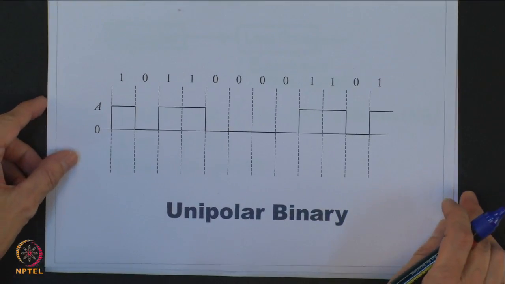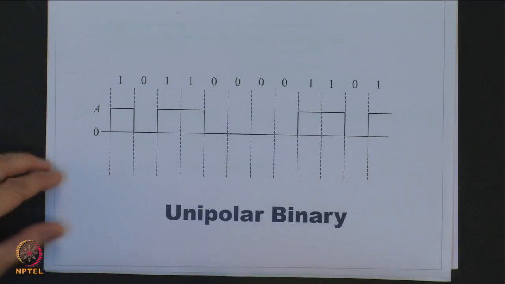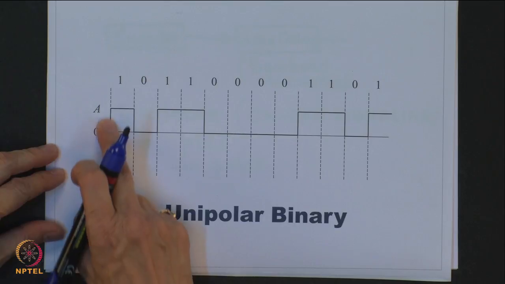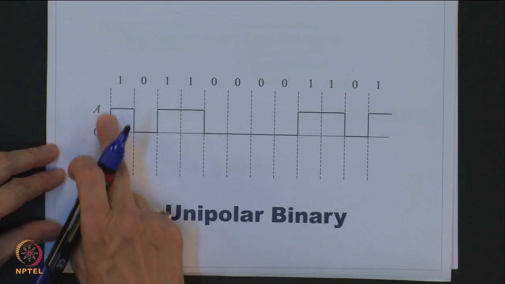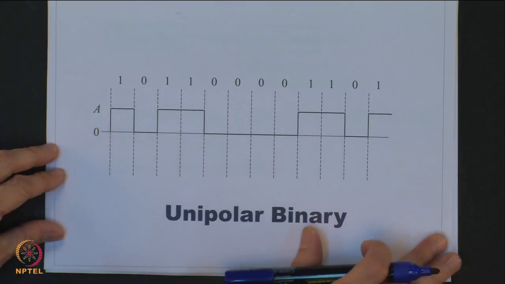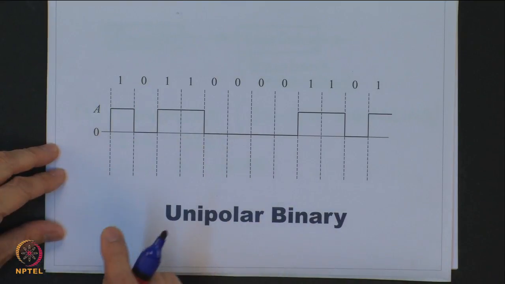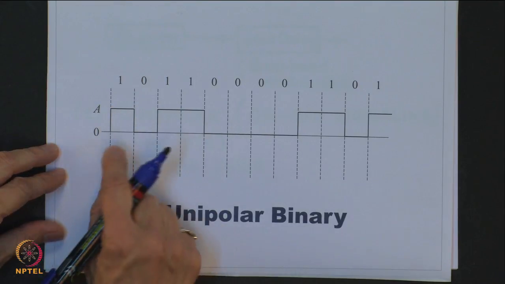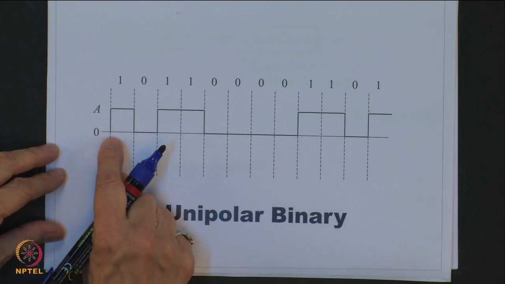So, let me show you how the waveform will look for the unipolar binary case. We have this bit stream, and for that bit stream we generate this waveform. The PT which I have chosen here is a rectangle pulse of duration TB.